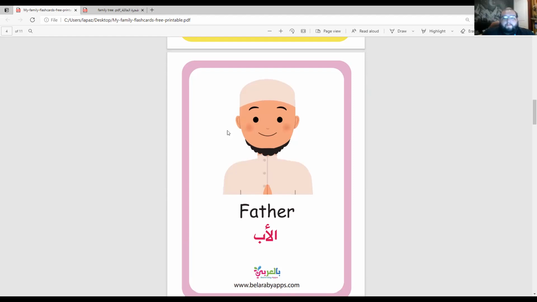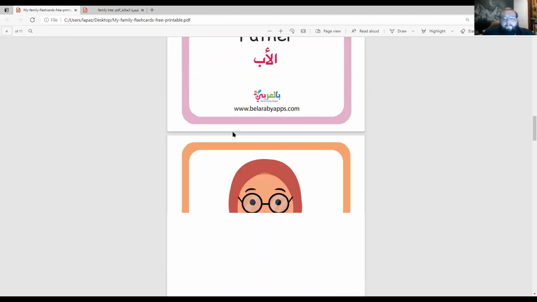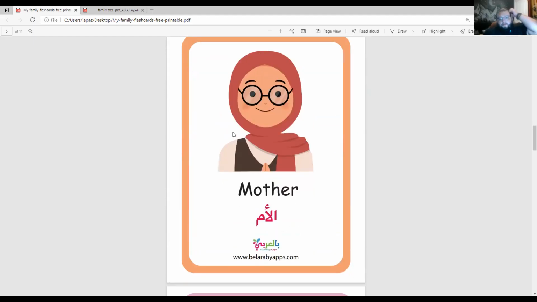The ba at the end has a sukun, so it's an ib. الأب. Okay, the female or the mother would be الأم. The meem has a sukun, so it's an m. الأم.